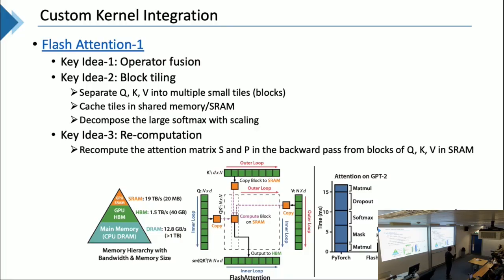And you have this masking operation, and then softmax, and sometimes some self-attention modules may have dropout. You also have another matrix multiplication for P times V, the probability matrix times the value matrix, and you also have the output projection. So this is the execution time if you don't apply any optimization.